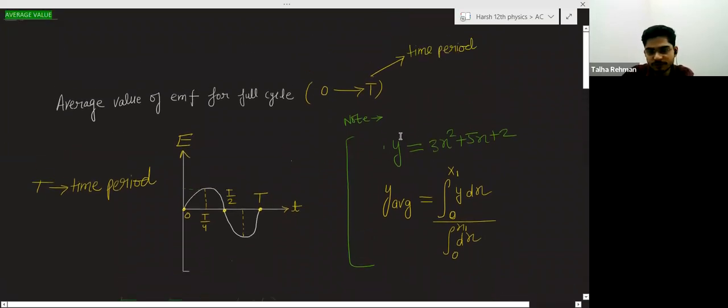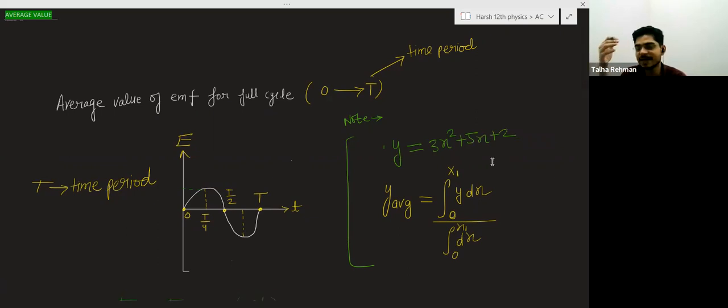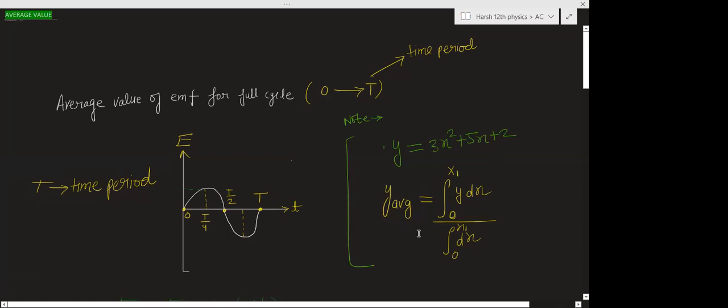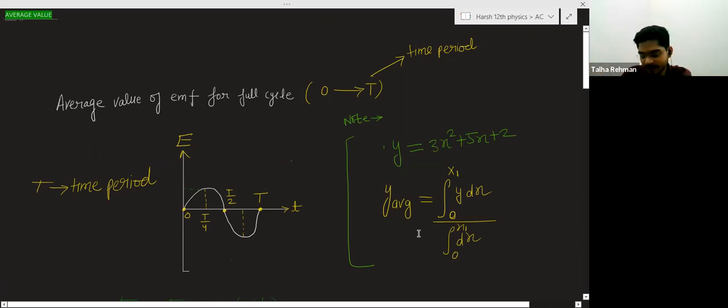Suppose you have a function like y is equal to 3x square plus 5x plus 2, and you want to calculate the average value of this function, because this function is changing with x. Those functions which are variable, we calculate the average value for them, and sometimes we calculate the root mean square value, that we will discuss later.